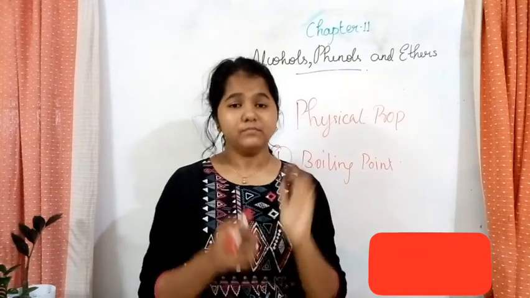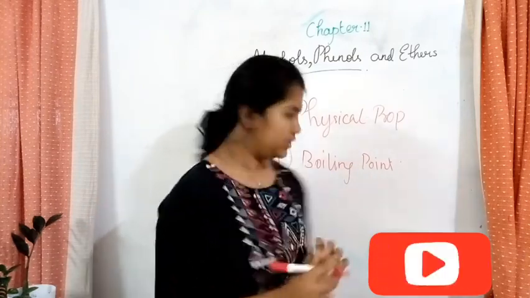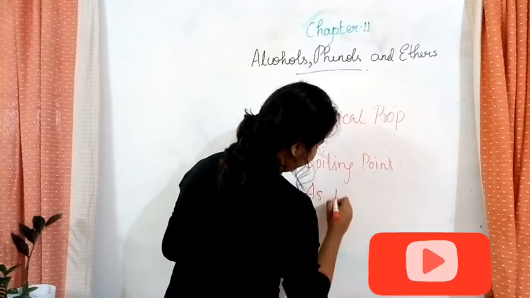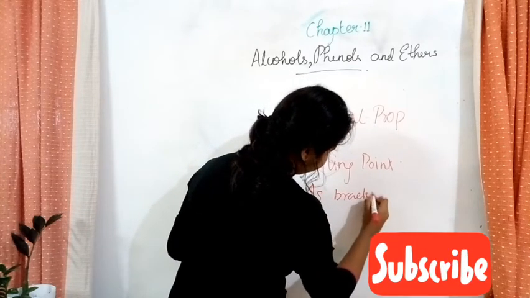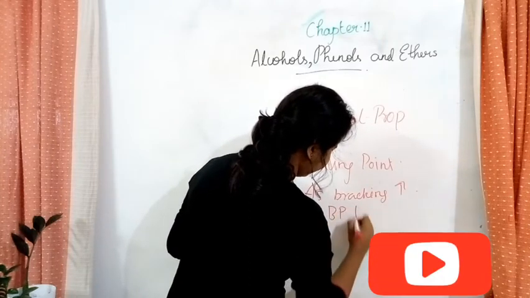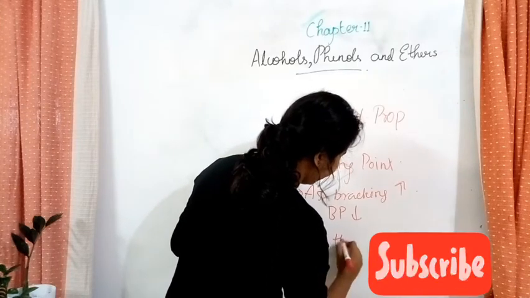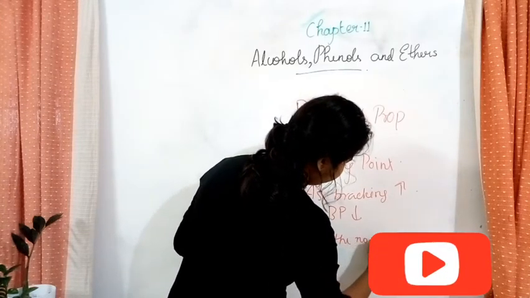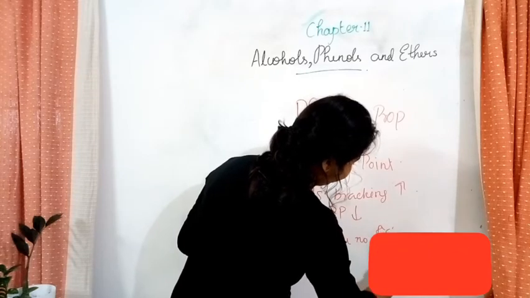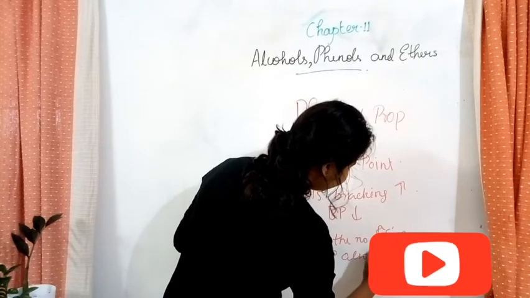So to talk about it, for an alcohol, as branching increases, what happens? The boiling point decreases. And as the number of carbons increases, what happens? Boiling point also increases.